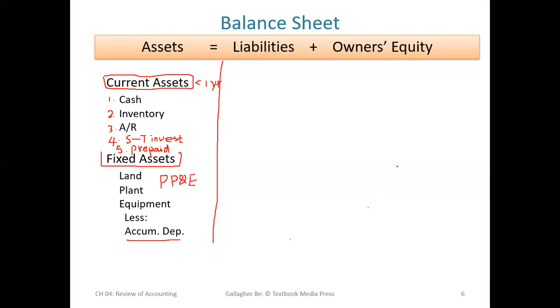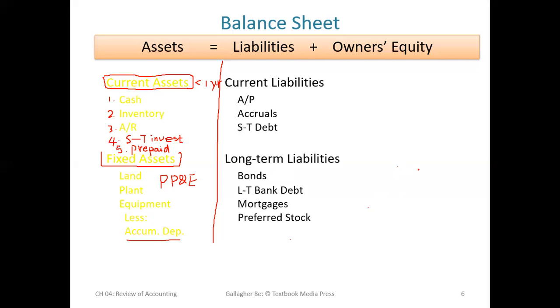On the liability side, you have current liability and long-term liability. The first one is current liability. What is your current liability? Accounts payable are the items you already purchased.